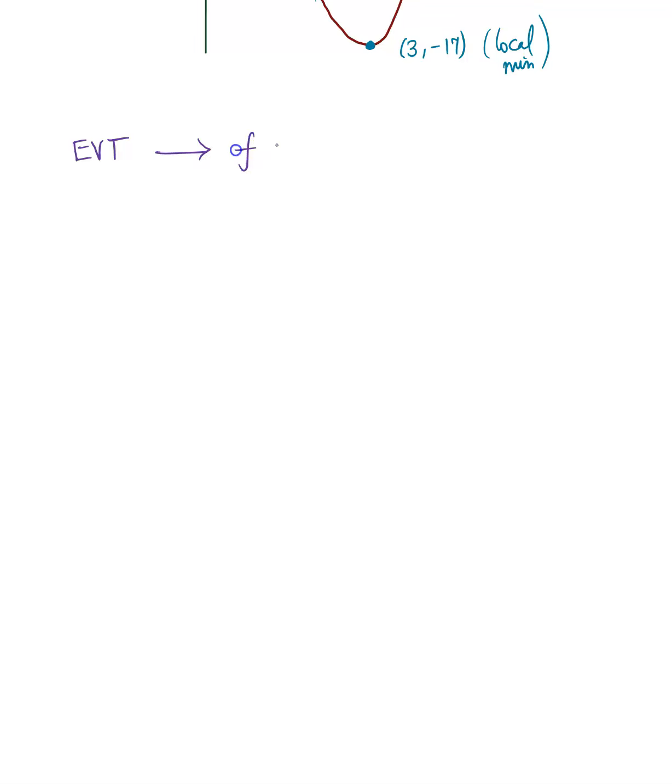What it said was if f is continuous on the closed interval [a, b], then both an absolute max and an absolute min exist. I'm not trying to rewrite the entire theorem. I'm just trying to recall what we did in those theorems.